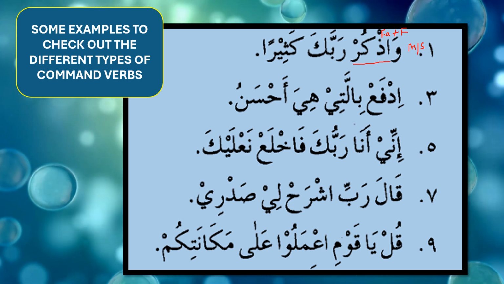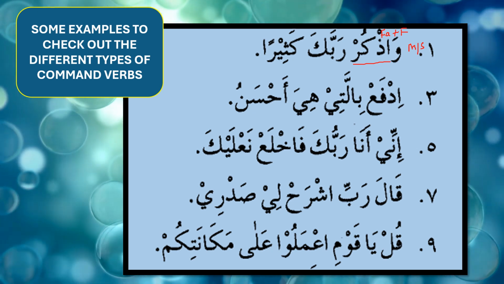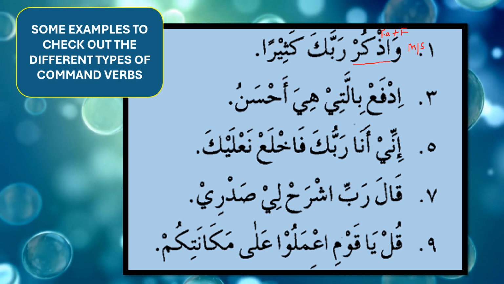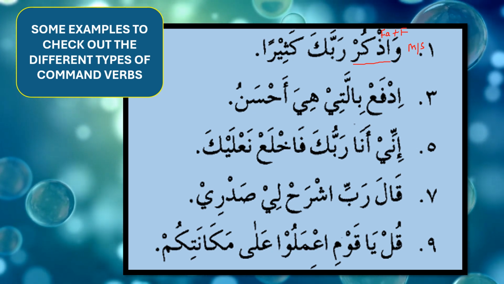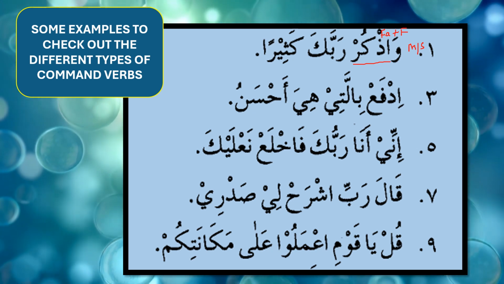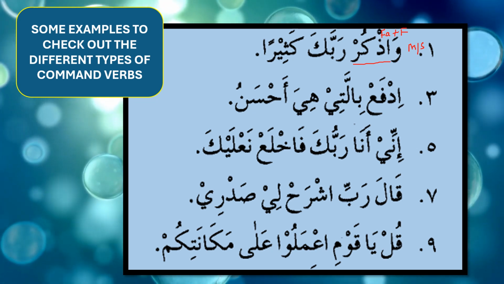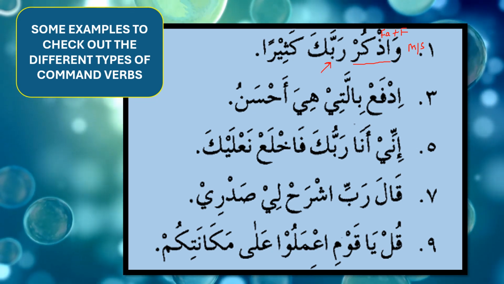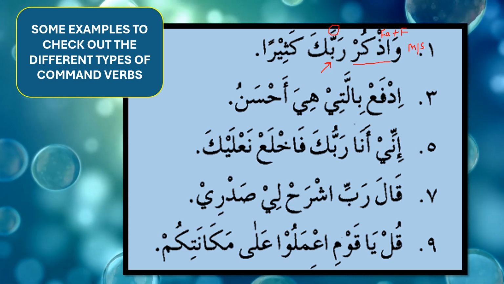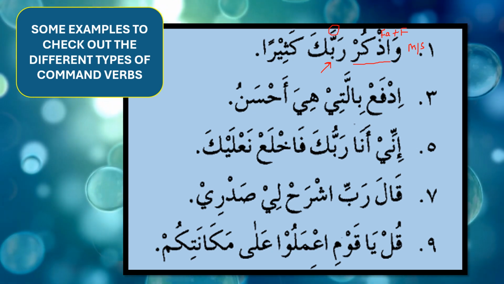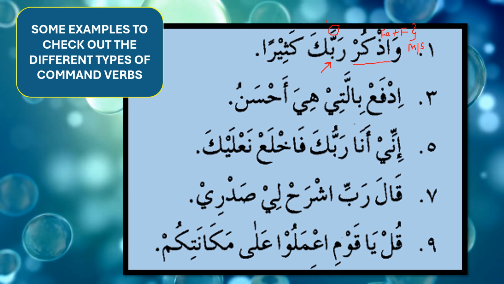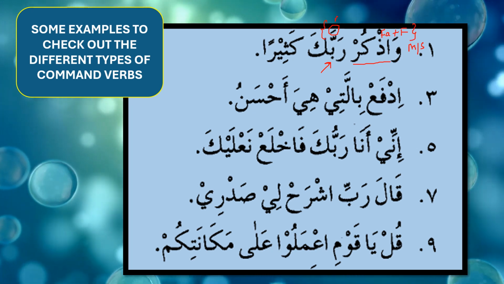So now we have fail and file, means our fail is uzkur and file is hidden taqdiruhu anta. Now after fail and file, what comes? It's the maf'ulun bihi. So as I told you, after fail and file, look for the maf'ul bihi. The next one is rabba. So this is in the position of maf'ulun bihi because rabba is having a fatha over it. So we have the whole jumla failure, fail, file, and maf'ulun bihi.